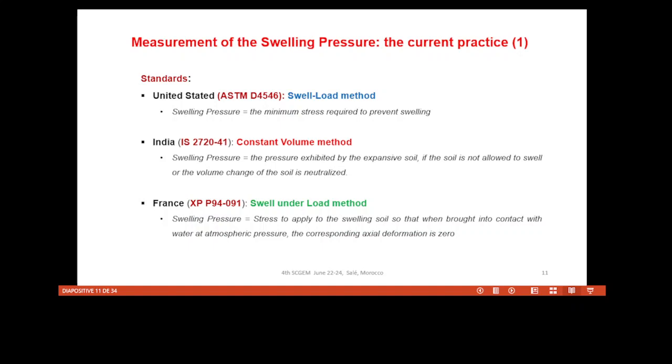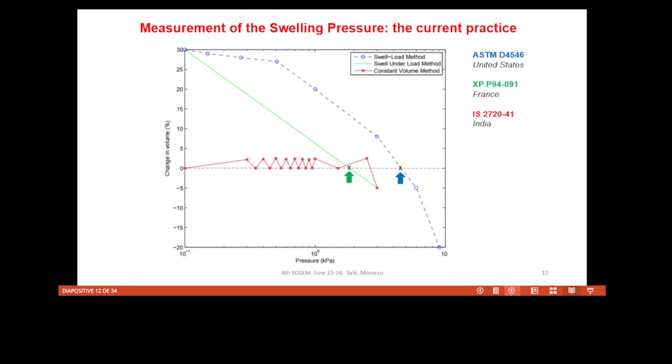Let us illustrate the 3 methods by this typical diagram, the change in volume versus the pressure to determine the swelling pressure. So, for example, for the ASTM standard, we need to apply different stresses to neutralize the axial deformation, and it is the stress value corresponding to 0 change in volume or axial deformation.